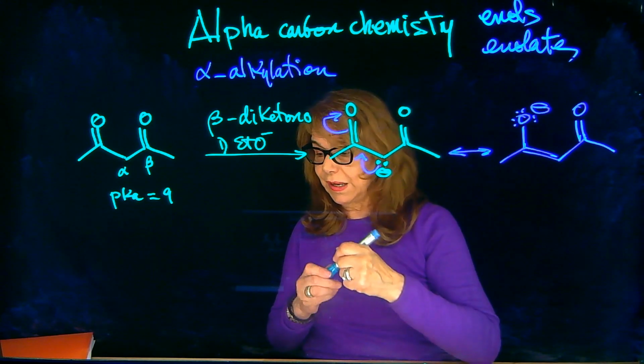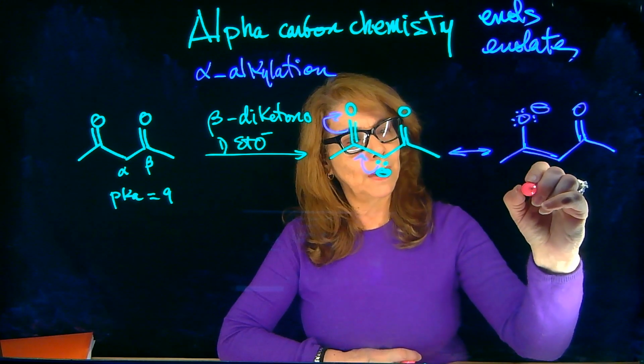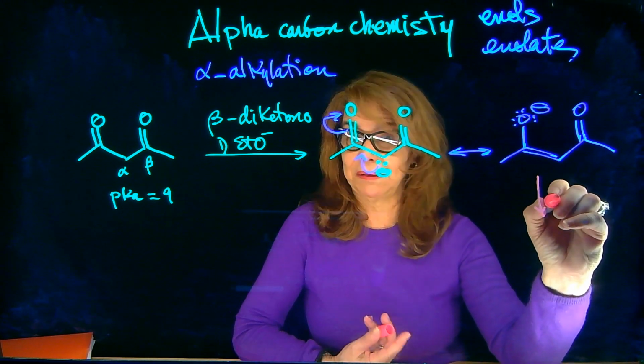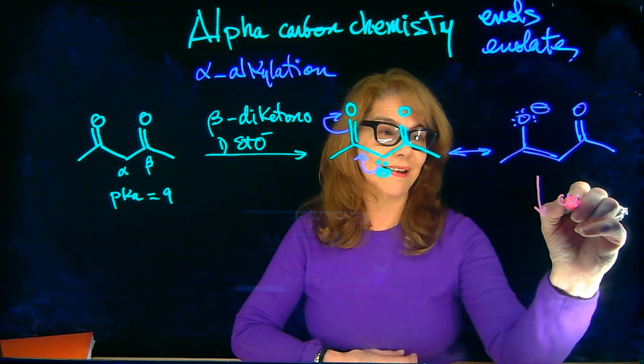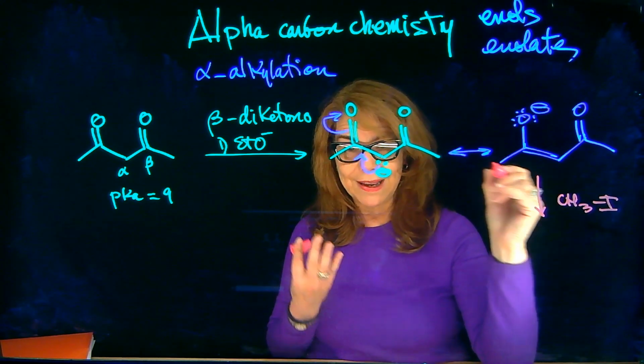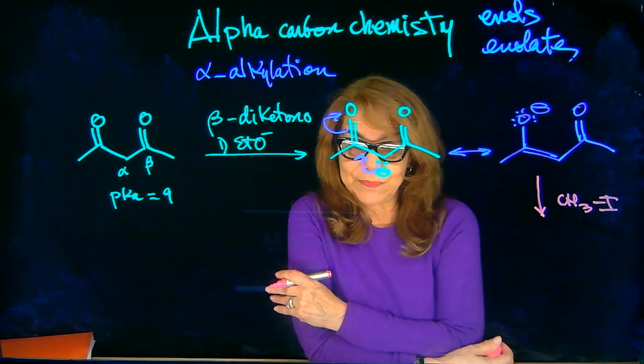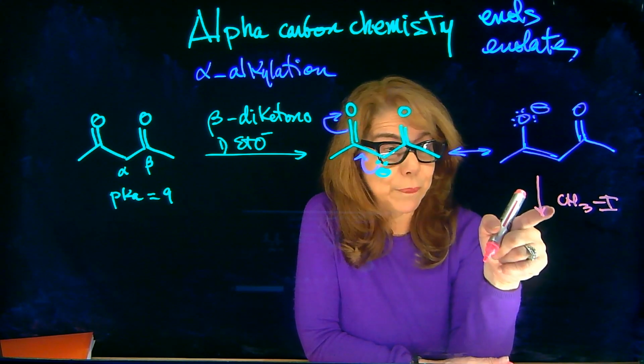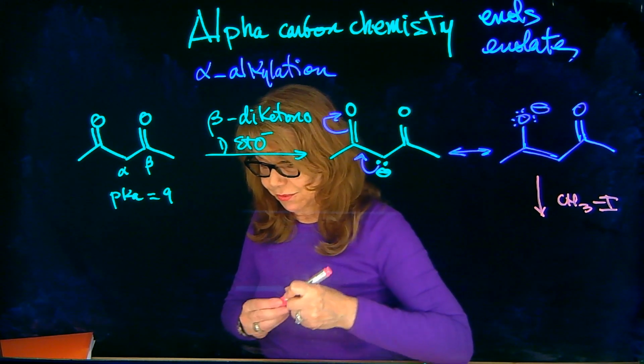So now for the alkylation, the second step, I will be adding, say, methyl iodide, just like we did in my previous example. And that is a great reagent for the SN2 step, because here we don't have steric hindrance.